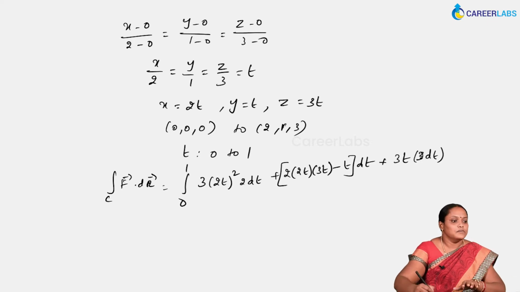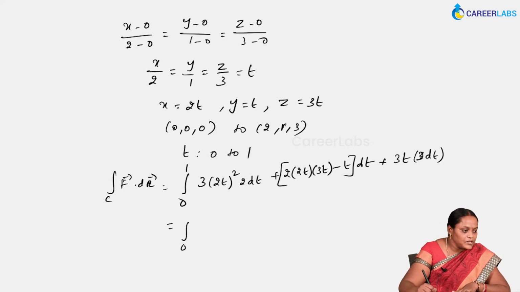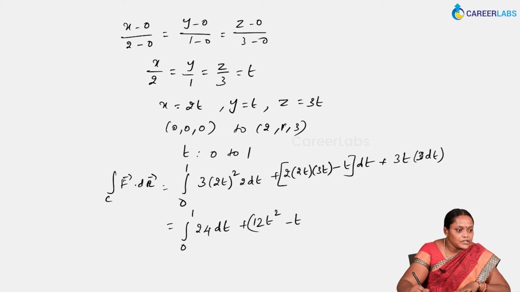Now we can simplify this. So this will be integral 0 to 1. 2 squared will be 4, 4 times 3 will be 12, 12 times 2 will be 24. So, this is 24 dt, and here 3 times 2 is 6, 6 times 2 is 12 t squared. So, this is plus 12 t squared minus t dt, then plus 3 times 3 is 9t dt.